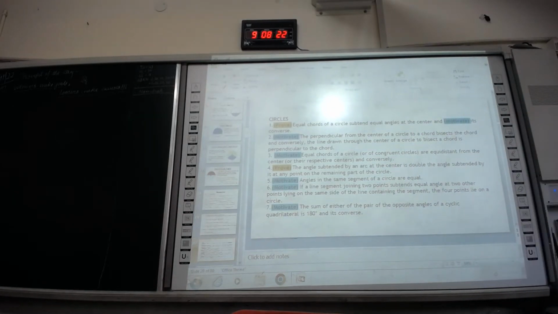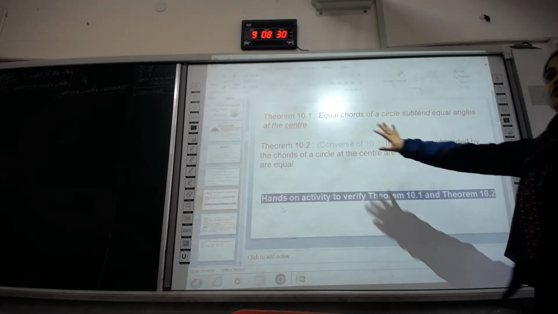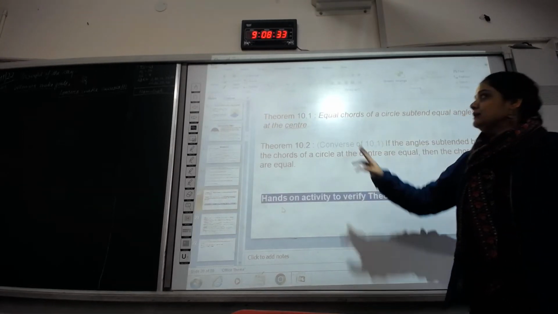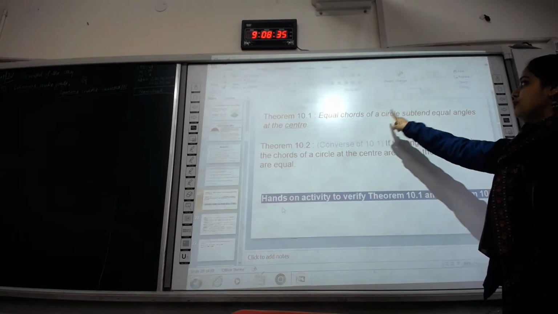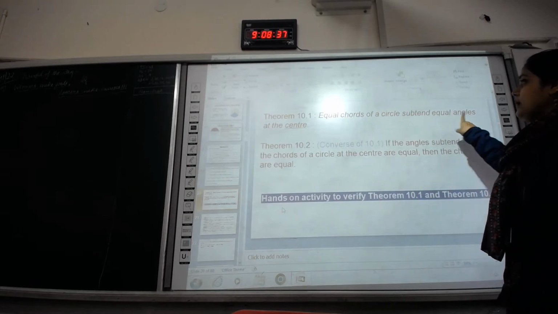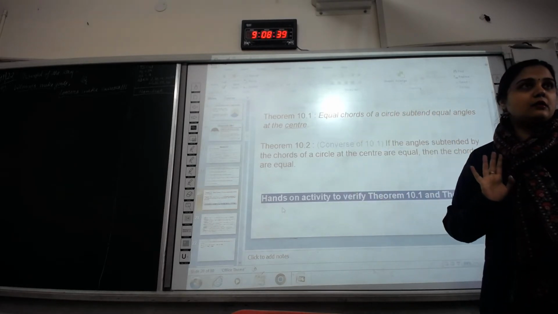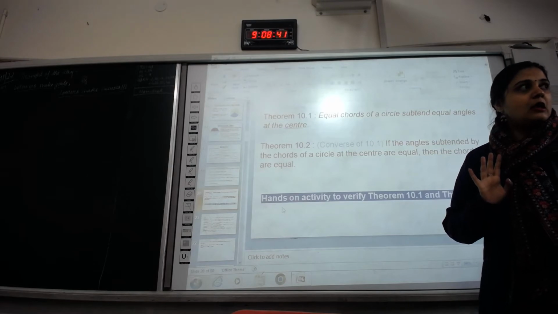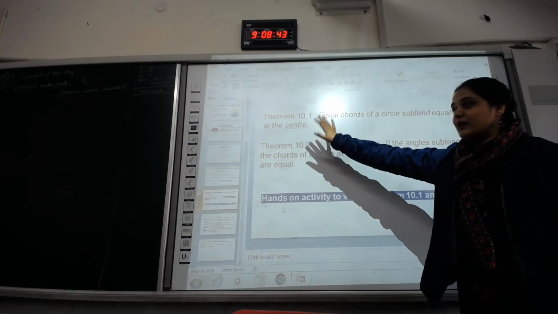The next slide. I have these two theorems right now with me. Theorem 10.1, that is, equal chords of a circle subtend equal angles at the center. Alright. See what this theorem is saying.